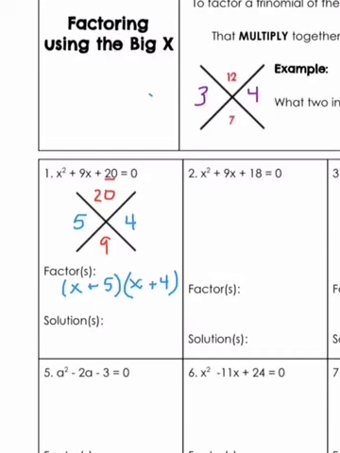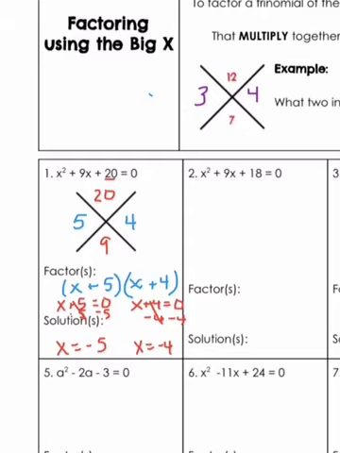We could set each of those equal to 0, and we would get x plus 5 equals 0, and x plus 4 equals 0. And then we would know that our solutions, if we subtract 5 from both sides, would be x equals negative 5 and x equals negative 4.